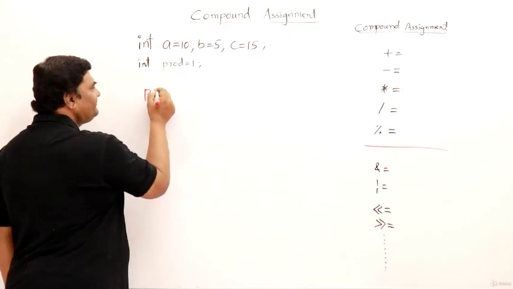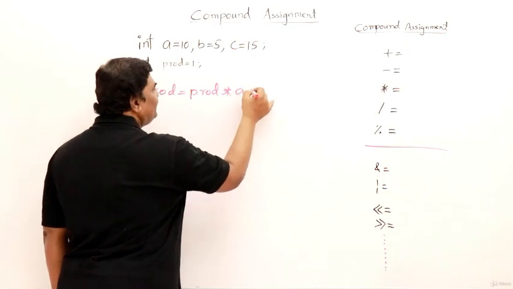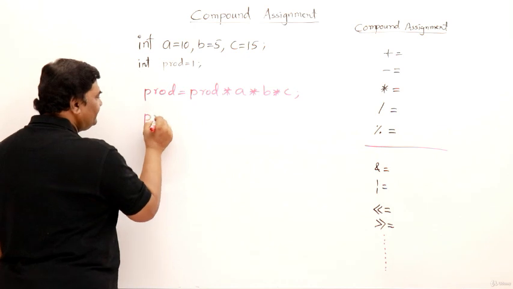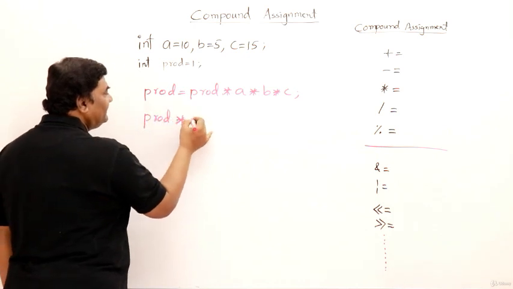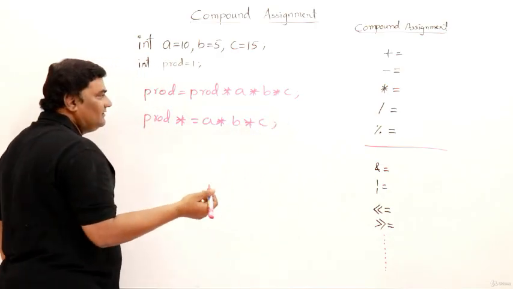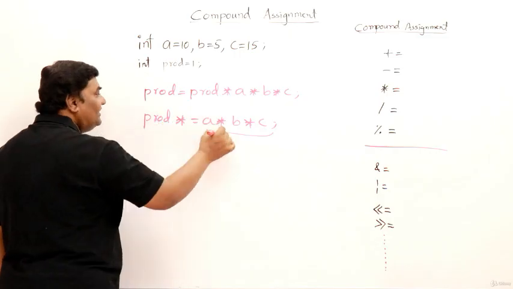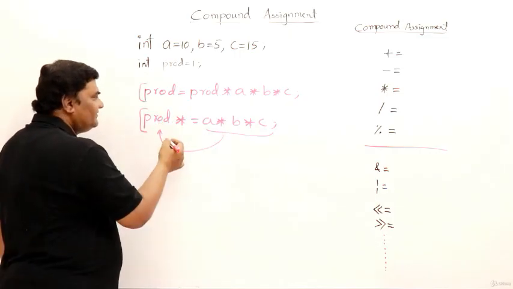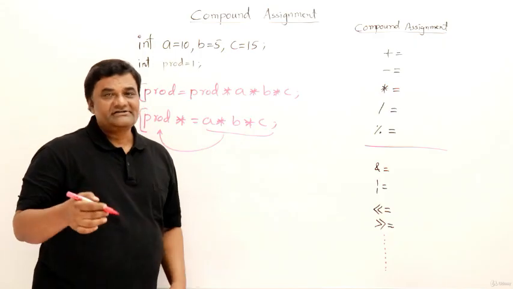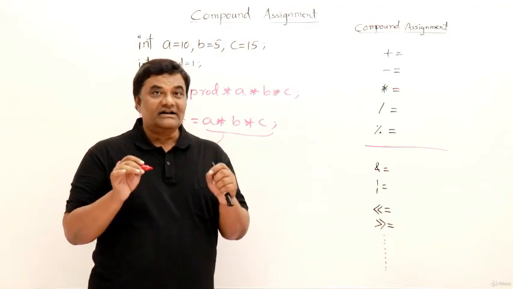This can be written as product = product * A * B * C. Then the same thing can also be written like this: product multiplied assign A into B into C. This means multiply all these and multiply the result with the product also and store the result in product. If you want to break it into multiple statements, you can. So that's all about the compound assignment operator.